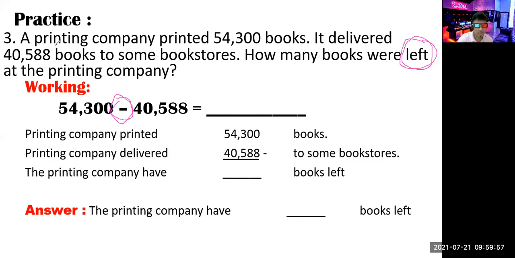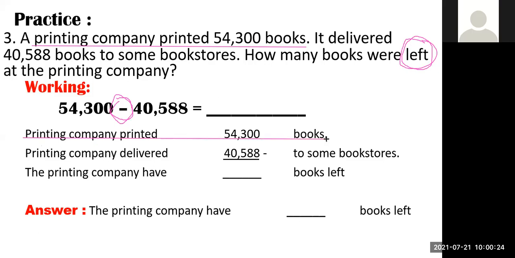So we will just copy here. Printing company printed how many books? Printing company printed 54,300 books. So we just copy those numbers, those words, and we write it here. Can you see it here? So that's the first sentence.